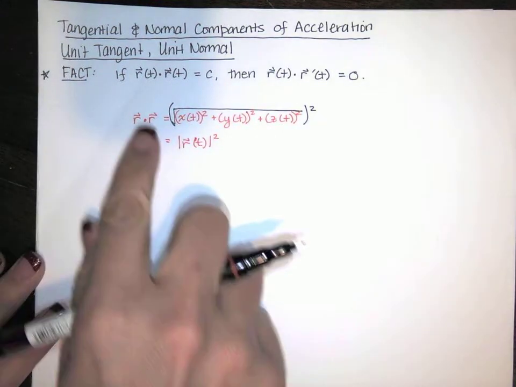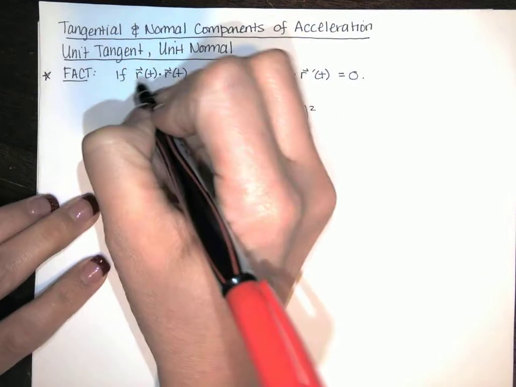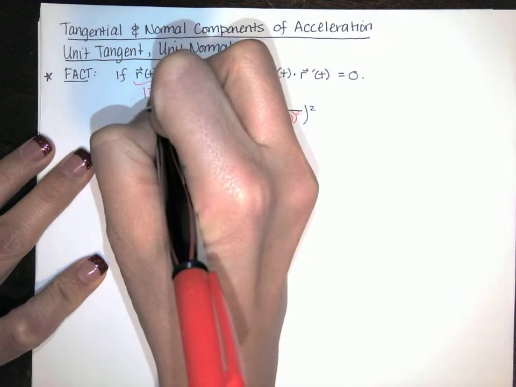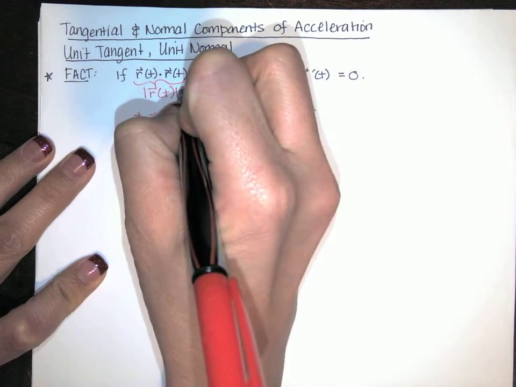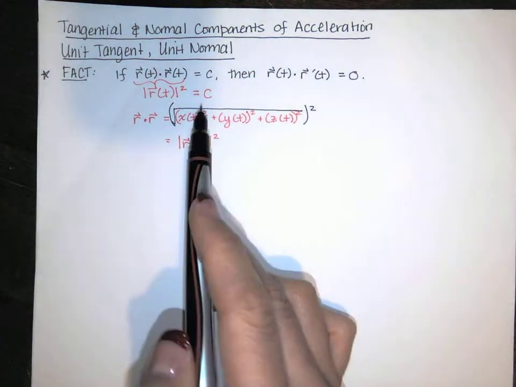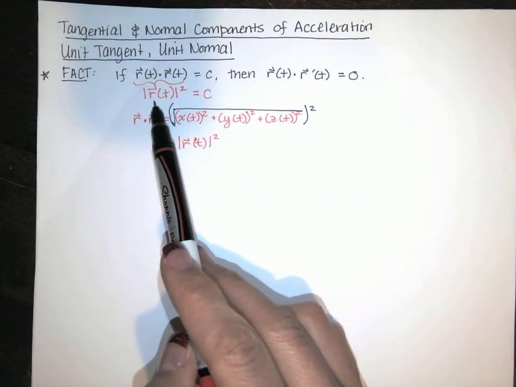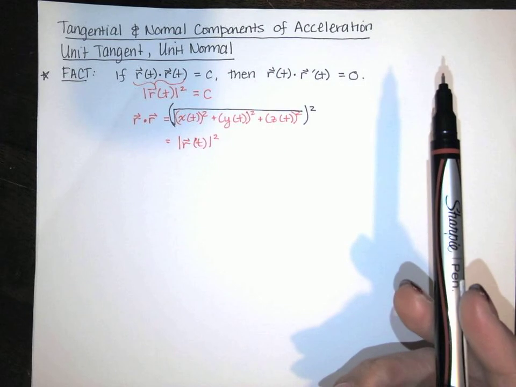Okay, so with that in mind, when I see r dot r equals a constant, what this is telling me is that the length of r, or more specifically, the length of r squared, is equal to a constant. And if the magnitude of r squared is equal to a constant, well then the magnitude is equal to a constant.